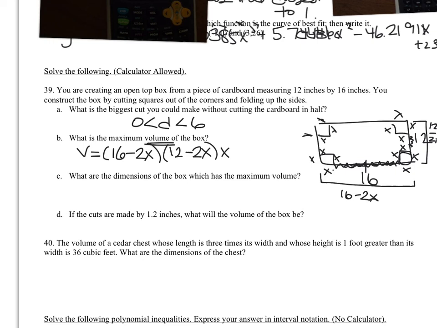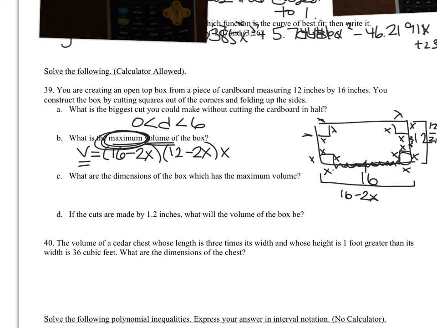So now what I'm going to do is type that into my calculator. I'm going to type in 16 minus 2x, and then 12 minus 2x, and then x, and hit zoom 6. And I want to find the maximum volume. Since V stands for y on my graph, I'm going to find the highest point.